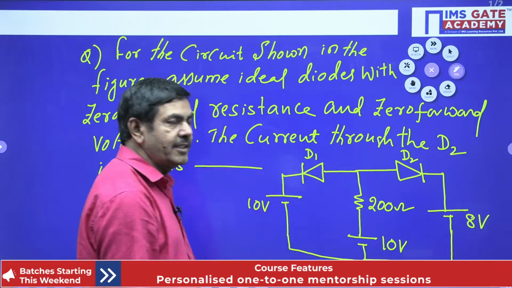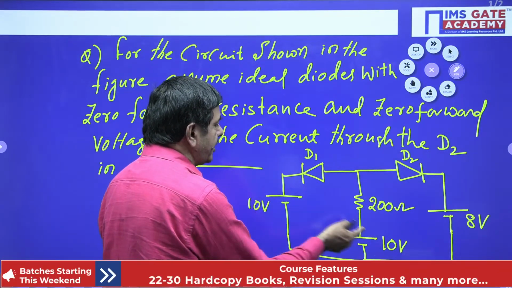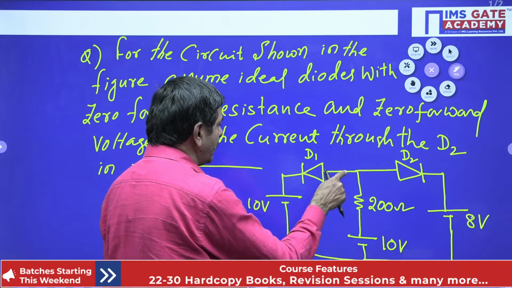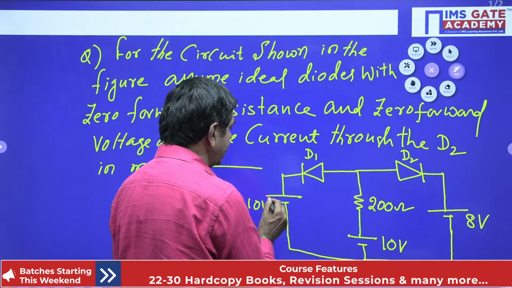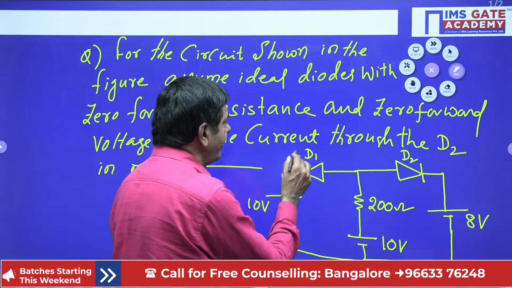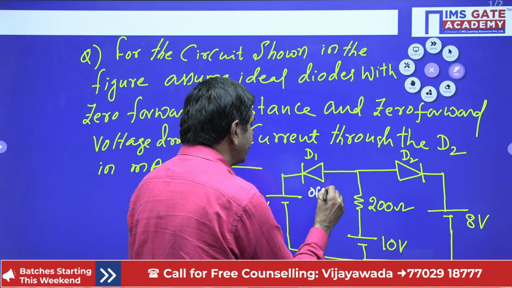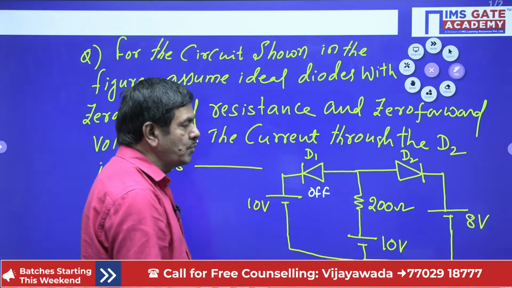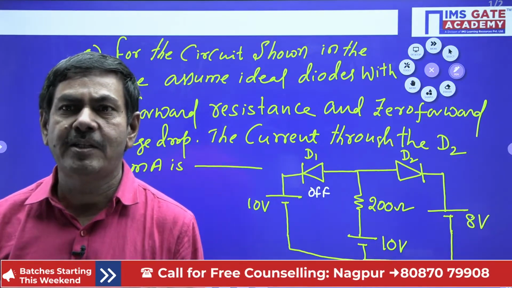The anode voltage is 10 and the cathode voltage is 10, so the difference is 0 voltage only. Anyhow, this diode can only be in the off state. It will not operate, as the two potentials are the same on this side.